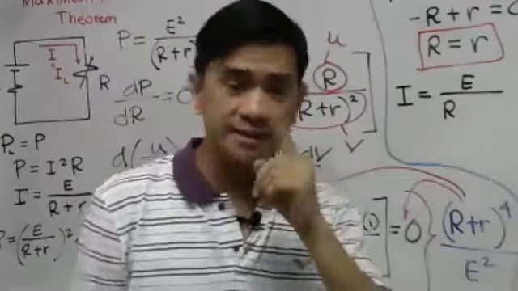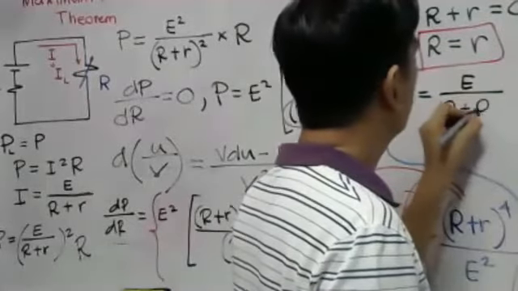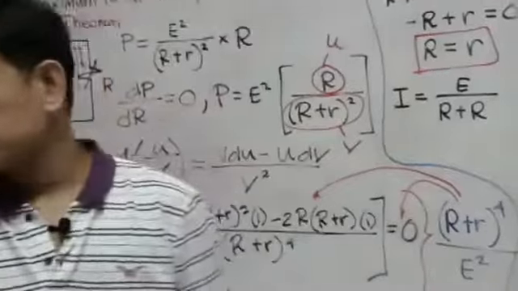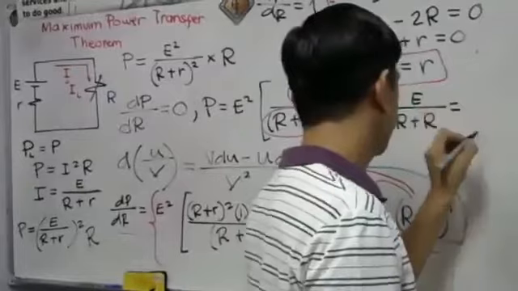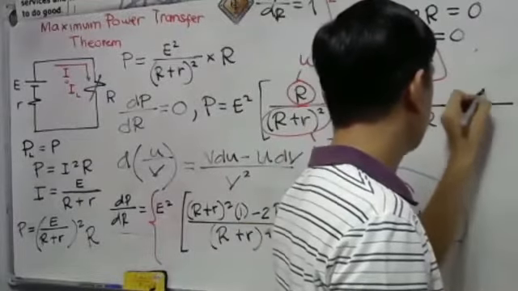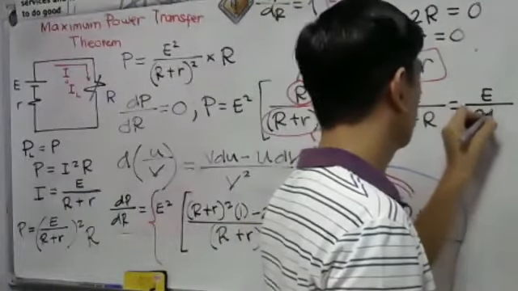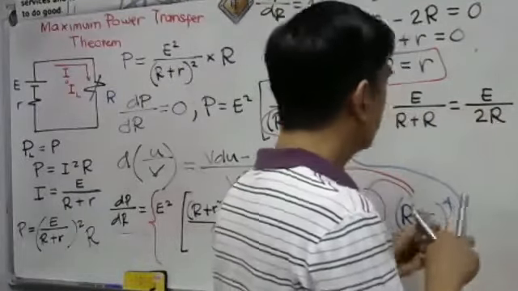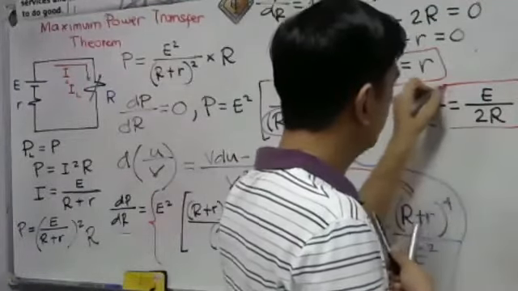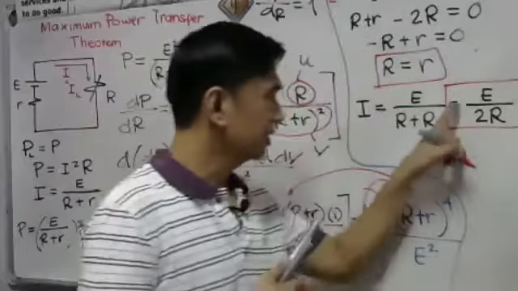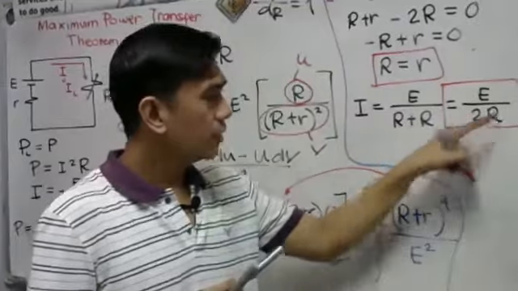Since the small r is equal to the big R, put here big R also. So this is equal to E over 2R. So this will be our formula for current at maximum power transfer. That is our source voltage divided by 2R.